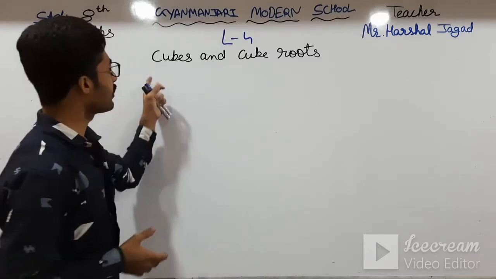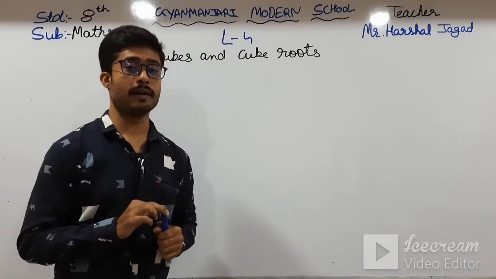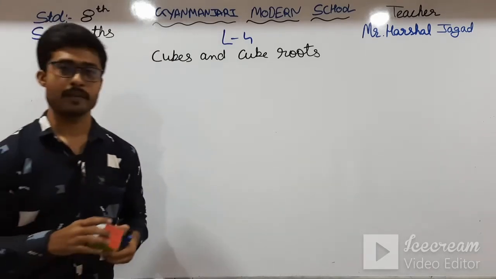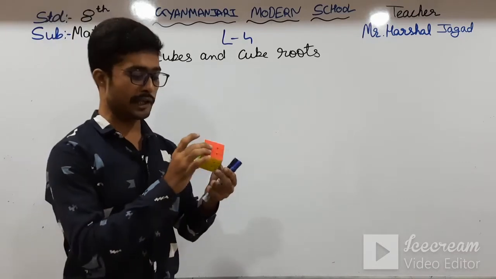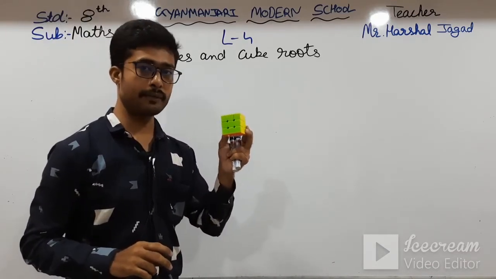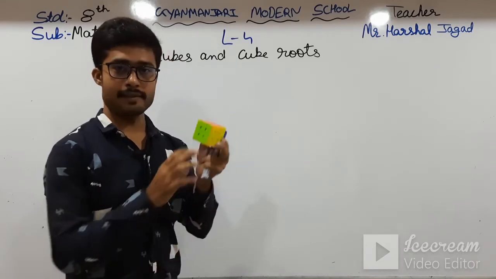First of all, what is cubes? We have heard that cube word. So, we all know this is cube. Why this is cube? Can anyone tell me? Why this is cube?